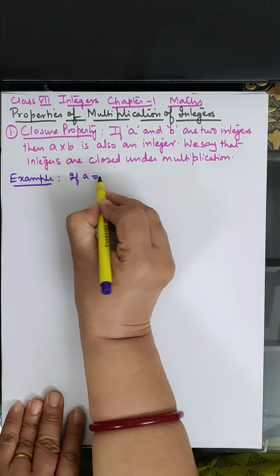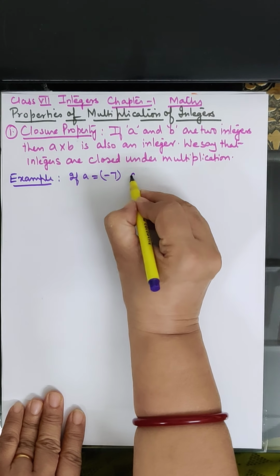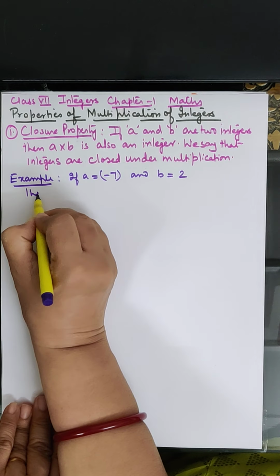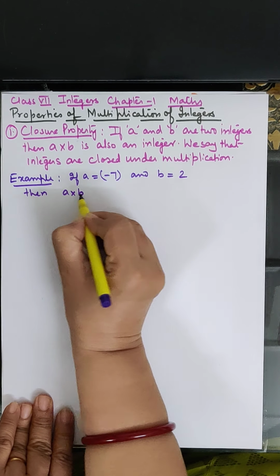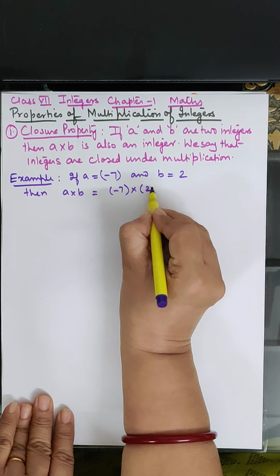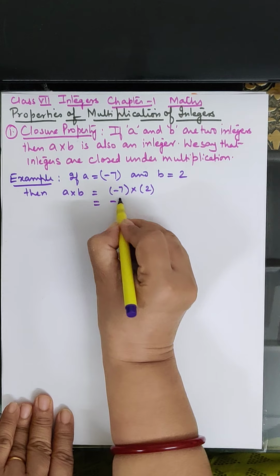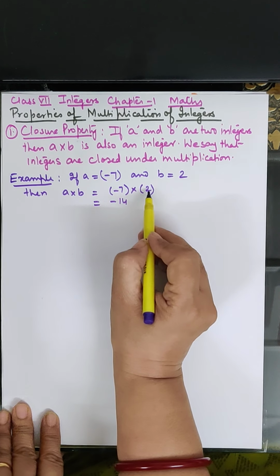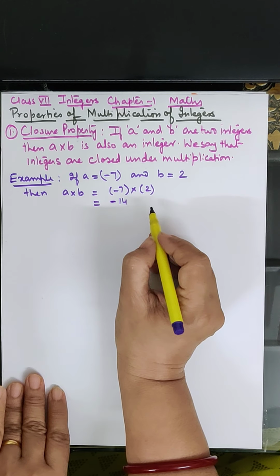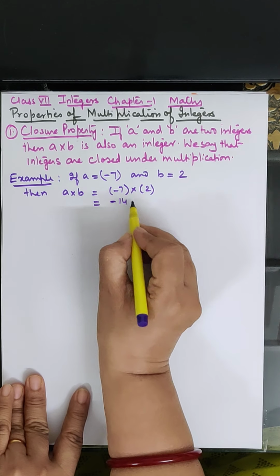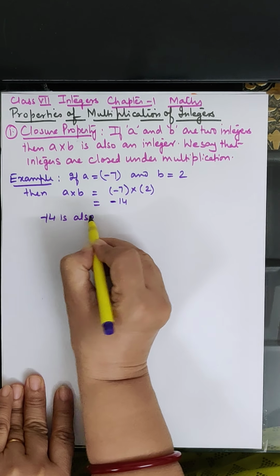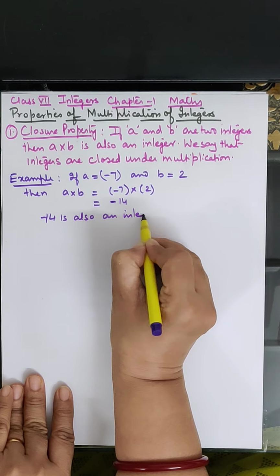If A is equal to -7 and B is equal to 2, then A into B is equal to -7 into 2, that is equal to -14. When we take the product of a negative and a positive integer, the product is negative, right? And this is also an integer. -14 is also an integer.